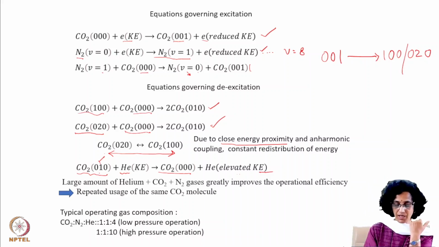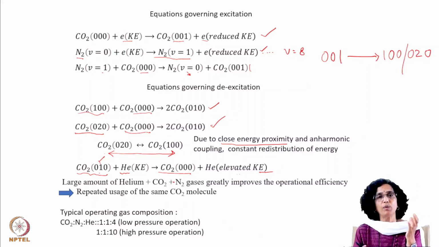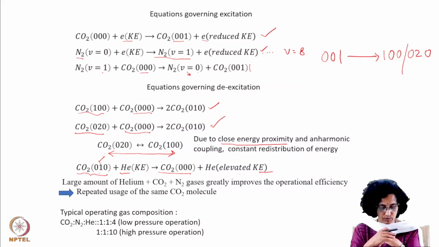So the large amount of helium, together with CO2 and nitrogen, greatly improves the operational efficiency of a CO2 laser, and because the CO2 molecule is brought down, the same molecule can be used again and again for excitation, and therefore it increases the operational efficiency of the CO2 laser.